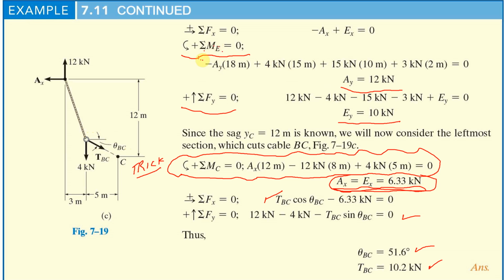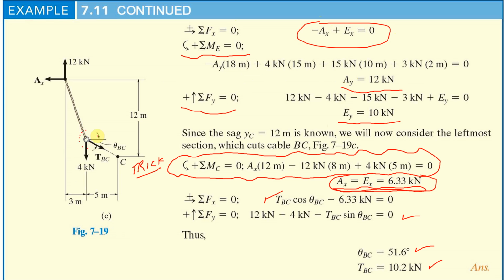So using your overall reactions, you can get the vertical components of the forces. And here you get an equation in AX and EX.